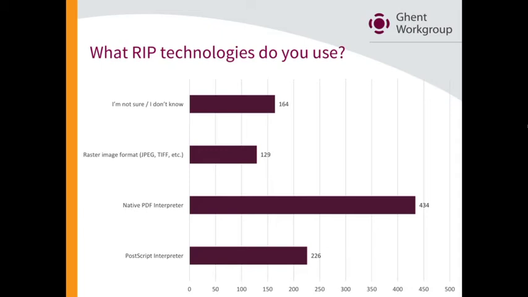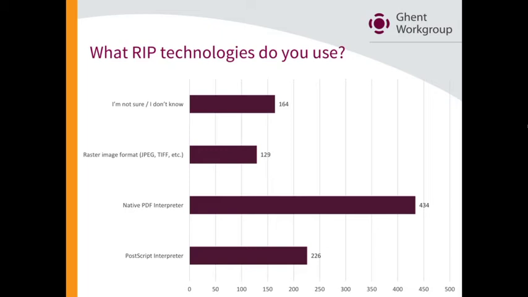What we see in comparison to previous surveys, and that's very logical and in line with what you would expect, is that the native PDF interpreters have, of course, increased quite significantly. There are still a high number of people that say that they have a PostScript interpreter, but again, people could check multiple boxes, and I could definitely see that people would have a mix of more modern and maybe more legacy devices in there.